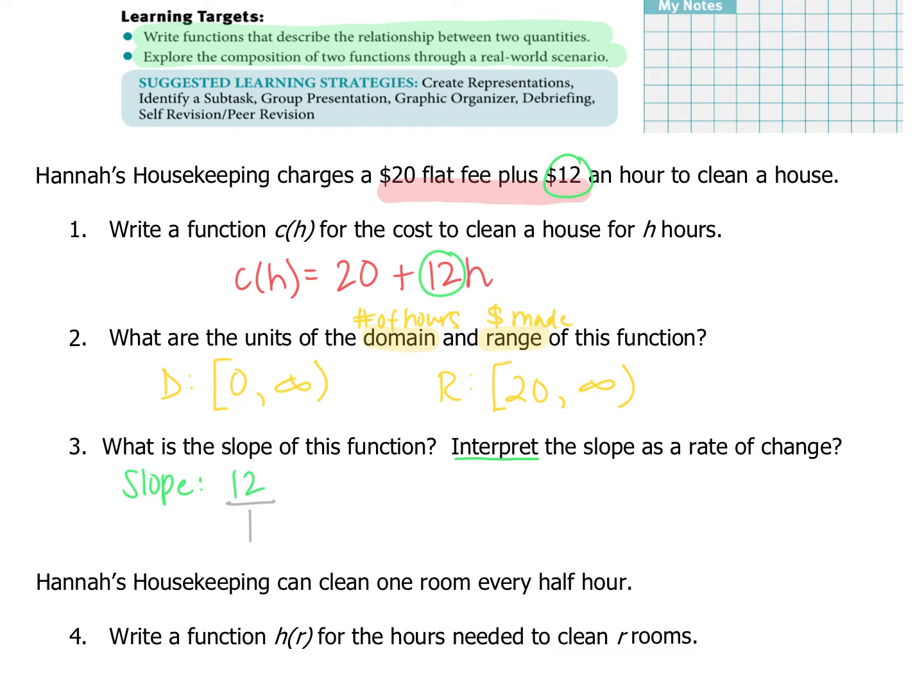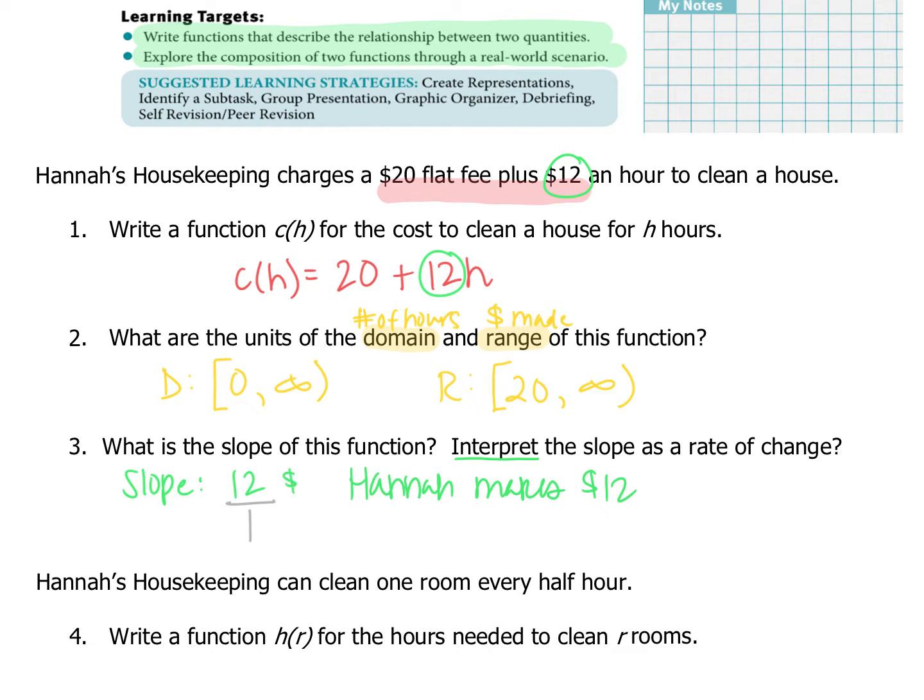Well, for us, we know 12 is how much Hannah makes. So we can say Hannah makes $12, but how often does she make the $12? Well, that's where it goes back to for that 1. That's talking about hours.